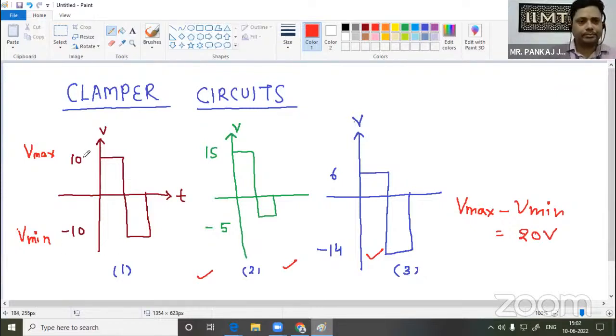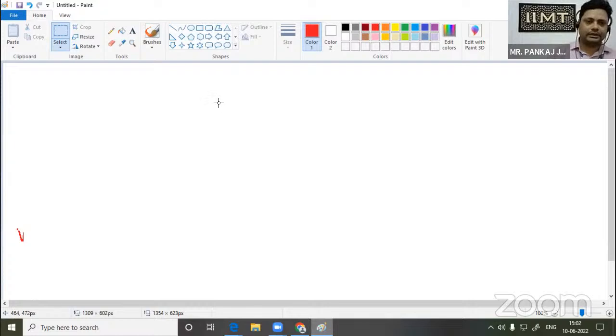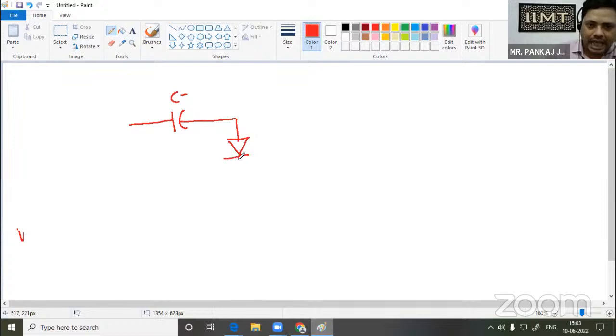The second important point is how to identify whether a question is about a clamper circuit, a clipper circuit, or any other circuit. I am going to draw a specific circuit to make this clear. In a clamper circuit, there will be one capacitor, one diode, and there may or may not be a DC battery.